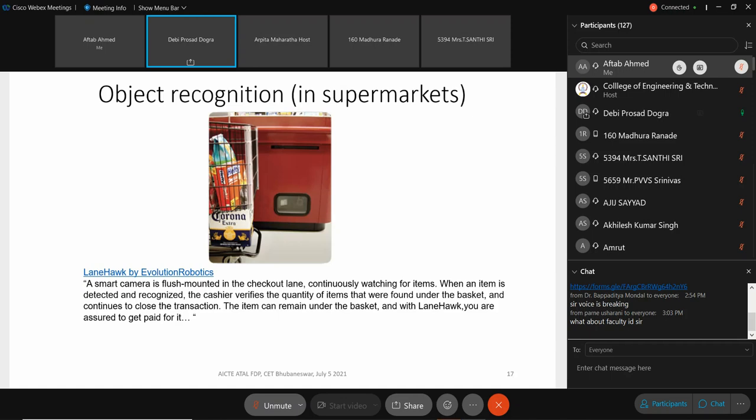For example, this is one representative example where in a typical shopping mall, your shopping cart contains all the objects, and if you have a camera installed there which can automatically identify the objects placed, it can create a bill, which will expedite the process of bill generation and clearing the customers. This is one application I'm showing; there can be many such applications.